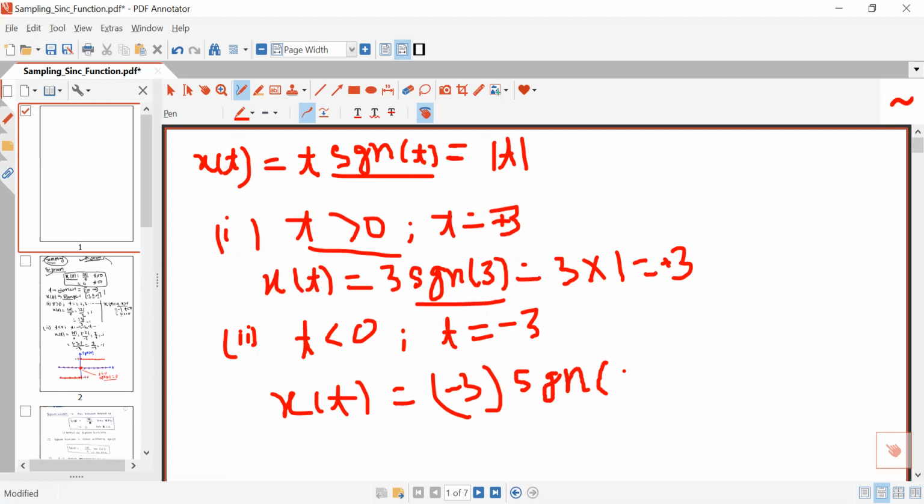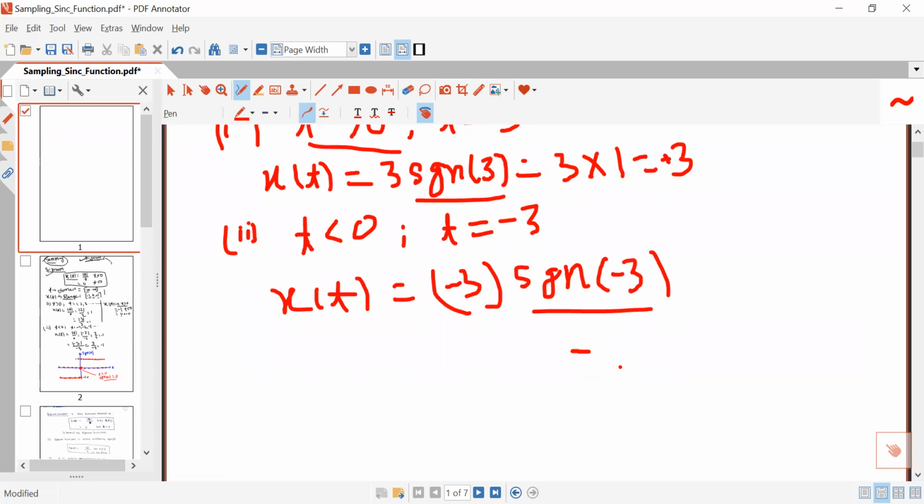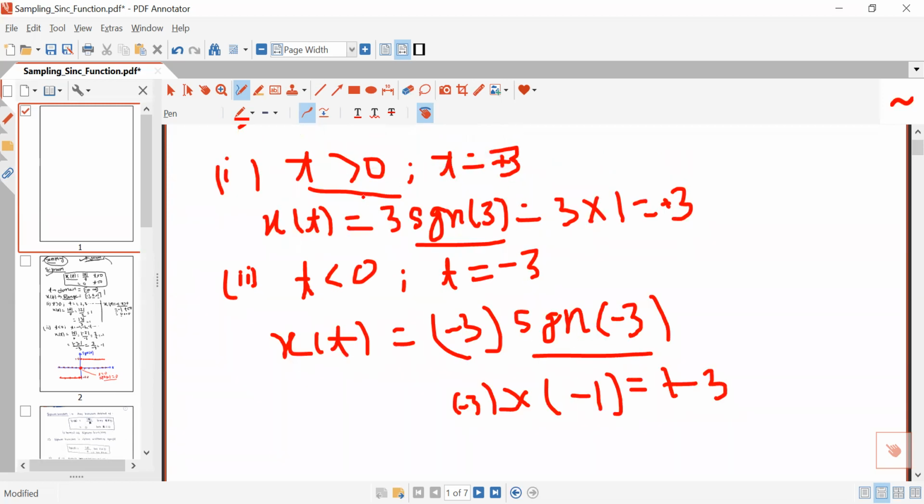Here t is less than 0, and for less than 0, obviously, signum of -3 will be -1, and it is -3 times -1. So again you are getting +3. So you can see here, whether t is positive or negative, the x(t) will always be positive.